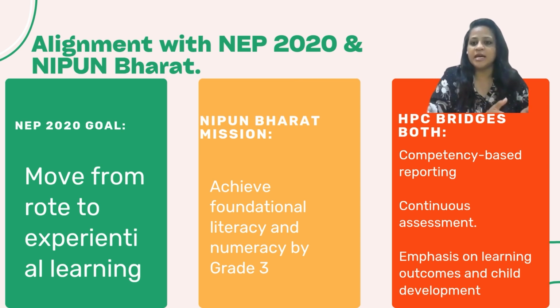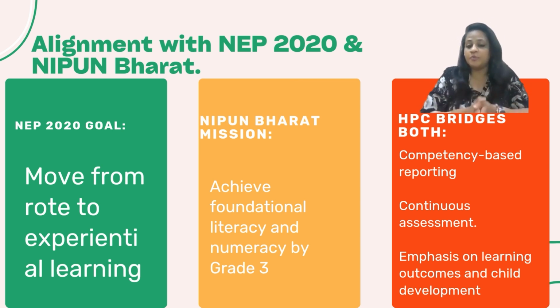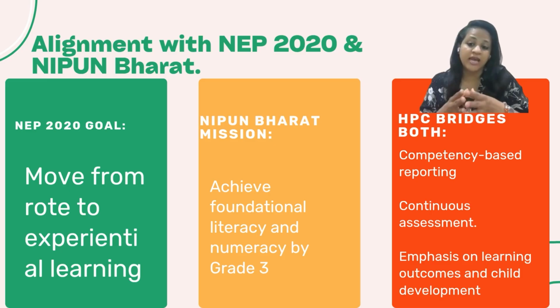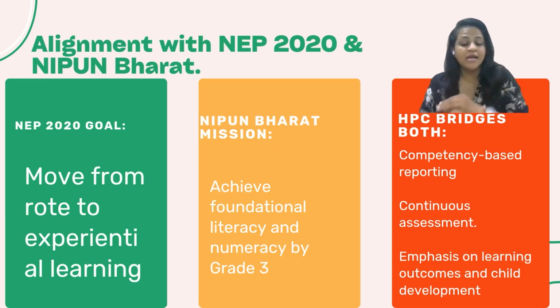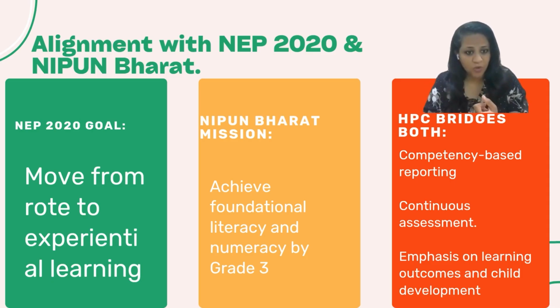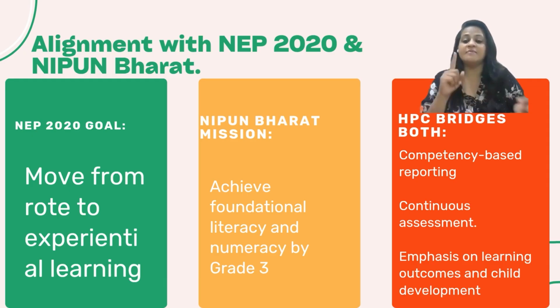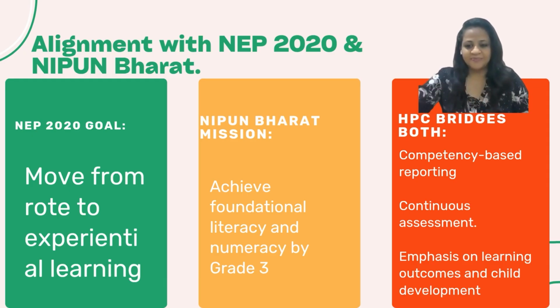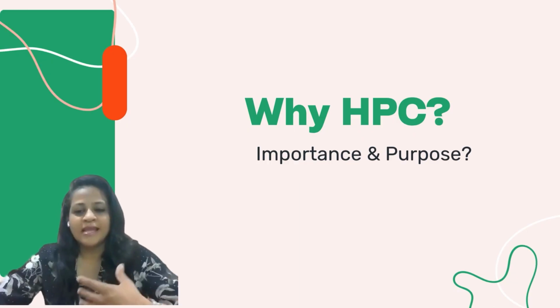The focus of the Nipun Bharat mission was to achieve fundamental literacy and numeracy by grade 3. And how the HPC, the holistic progress card, bridges both of them is that it is competency based reporting, it has continuous assessment, and it emphasizes learning outcomes and child development.